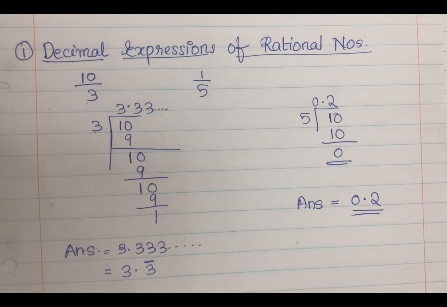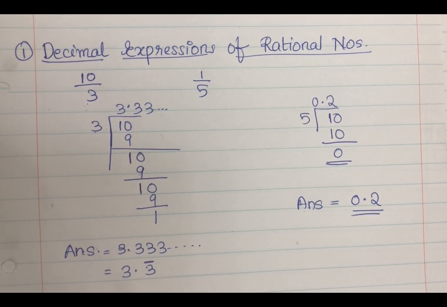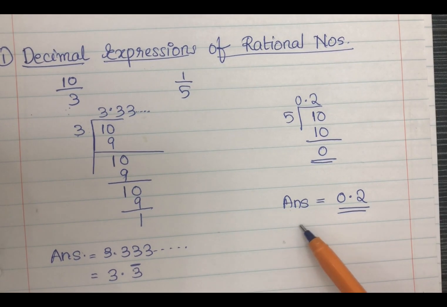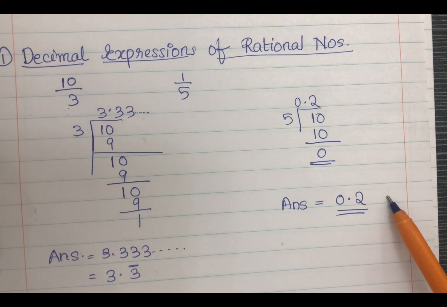So what have you observed in the decimal expressions of rational numbers? Here, in one case, we have got a non-terminating, repeating answer. And in the next one, we got a terminating answer.